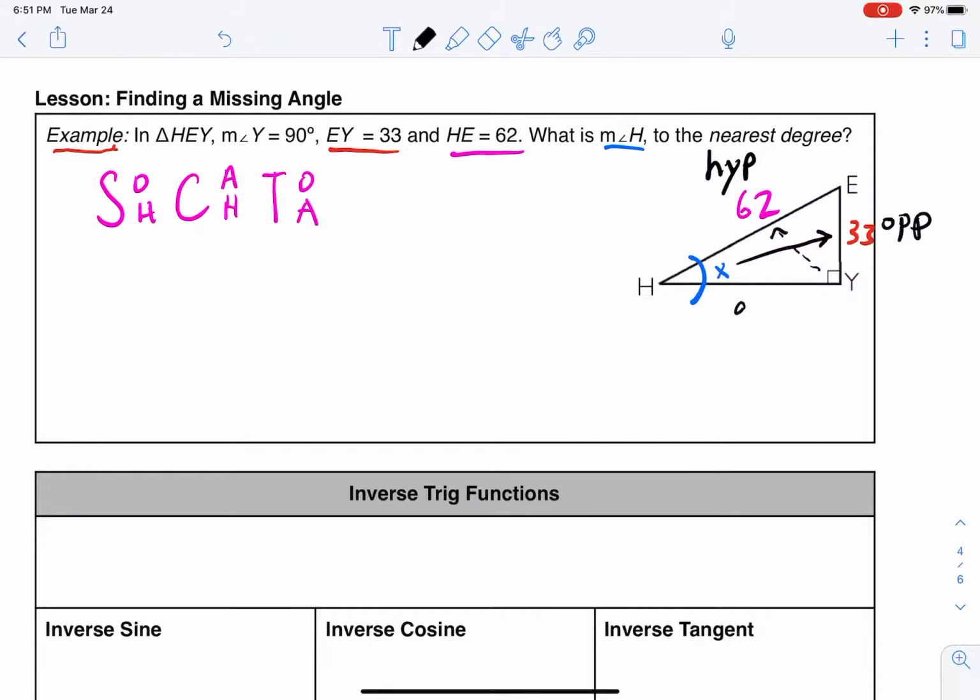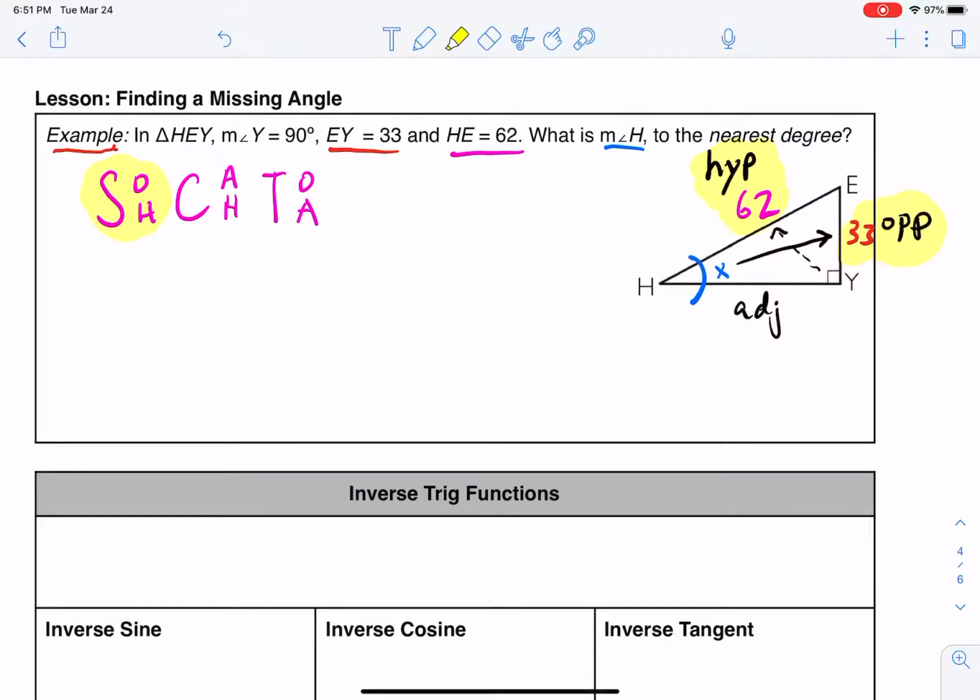And now the side that's left here is adjacent. Okay, so I like to circle or highlight the things I know about this triangle. So I know the hypotenuse is 62. I know that the opposite side is 33. So these are the two sides I have information about. That tells me that I'm going to be using the sine ratio.